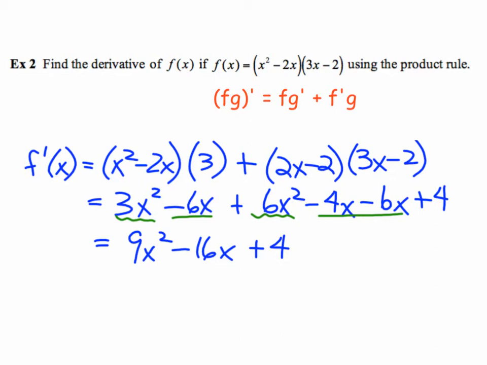Using our algebra skills, we're going to distribute the 3 inside, 3x squared minus 6x, and on the second set of the expression, we'll do FOIL: 6x squared minus 4x minus 6x plus 4. Combine like terms in the end gives us the derivative 9x squared minus 16x plus 4.